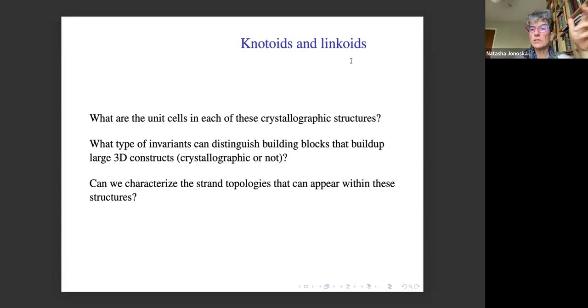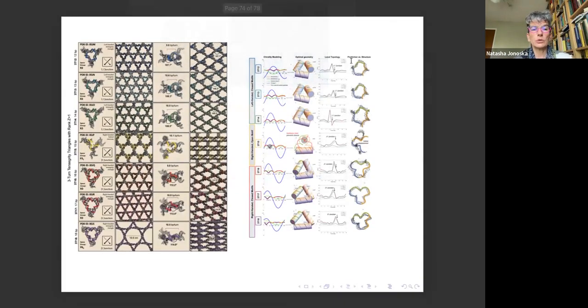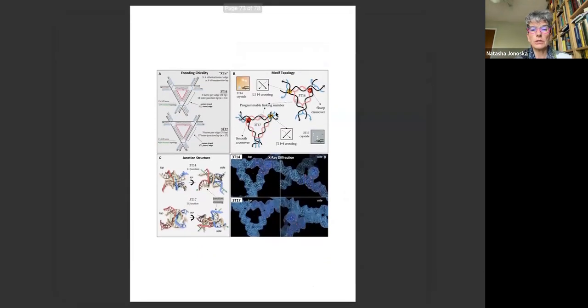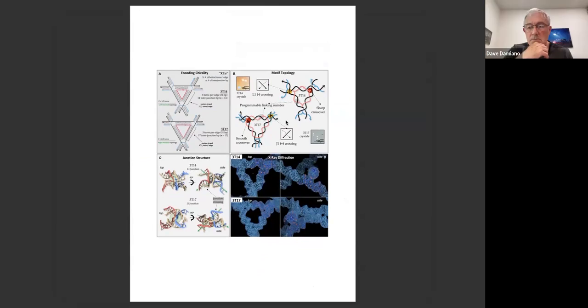It turns out that these crystals take a long time to assemble. The connectivity at the junction is only 2 nucleotides, and these are complementary to each other.